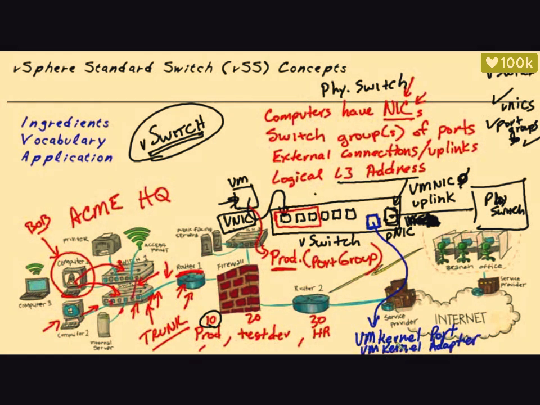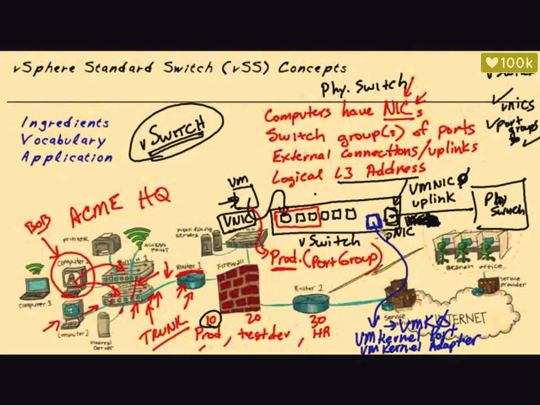As far as a naming convention, these VM kernel ports are going to be referred to as VMK something. So the first one will be VMK0, and then the next one will be VMK1, and VMK2, and VMK3. So when we see VMK anything, or VM kernel ports, or VM kernel adapters, I want you to think that's the logical layer 3 interface that the ESXi host is using to communicate with other devices over TCP/IP.